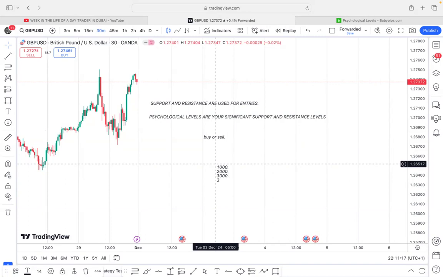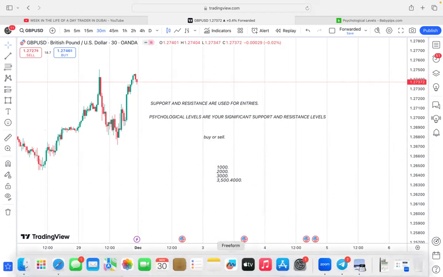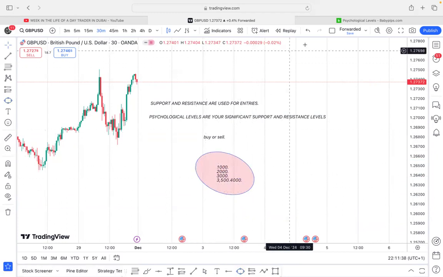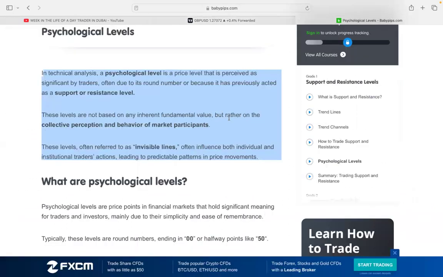Sometimes they may do 3,500 naira. But they cannot give you 3,528. That's not rounded up. You round it up to a figure. That's how they round up numbers at the bank. So psychological levels are literally levels where these big banks look to place their trades.